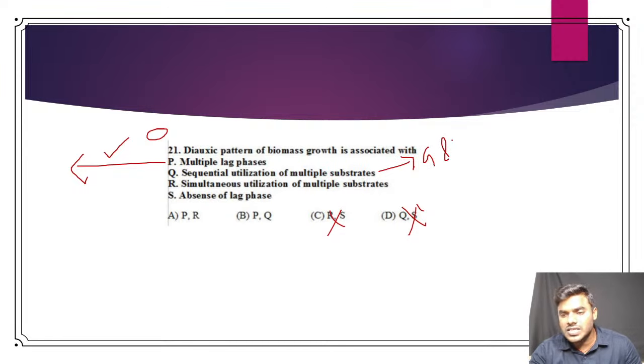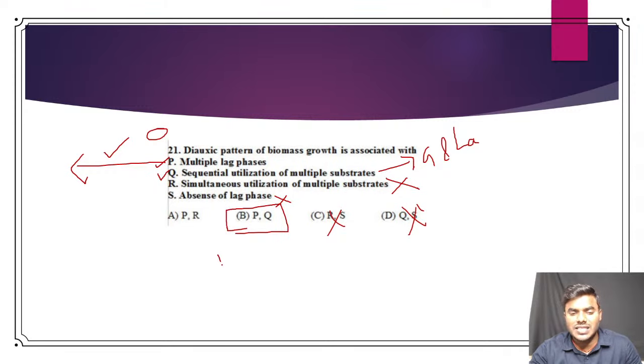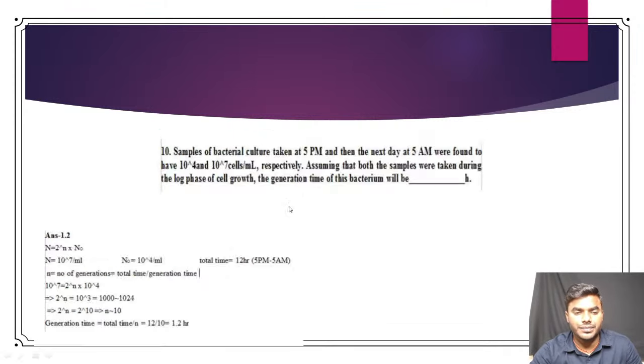Once the glucose is completed, only then do bacteria go for the lactose. Then Q is also right. The option with simultaneous utilization, which means bacteria use glucose and lactose at a time, is a wrong statement. Absence of lag phase is a wrong option. Hence the correct option will be B. Good.